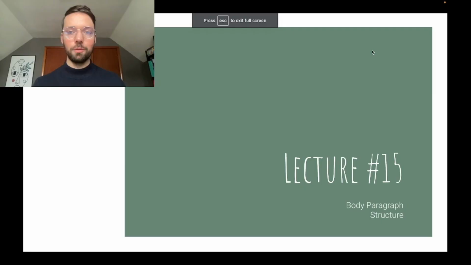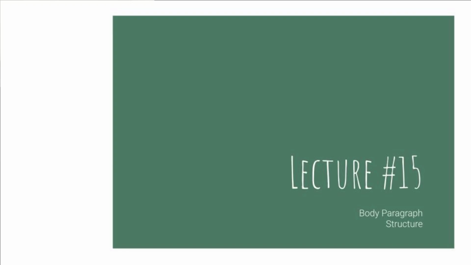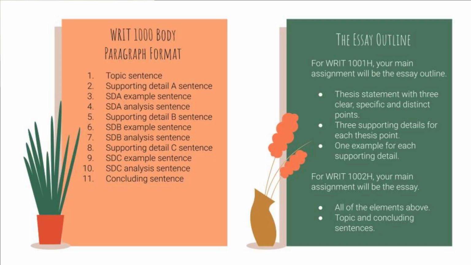Welcome to lecture number 15, where we will talk about your body paragraph structure. Your body paragraph, this is where the majority of your words will be found in your final essay. The WRIT 1000 body paragraph format, and again, WRIT 1000 refers to the totality of WRIT 1001, which is this course, which is half of a course.